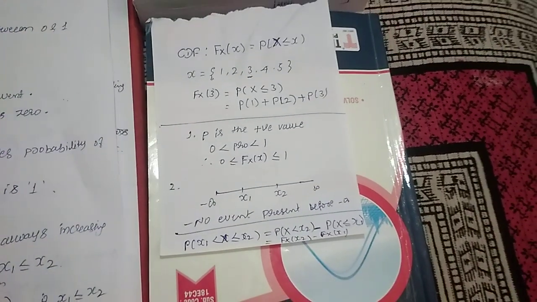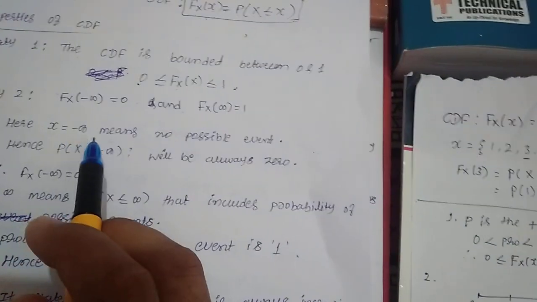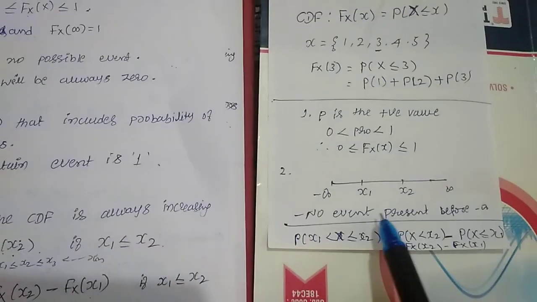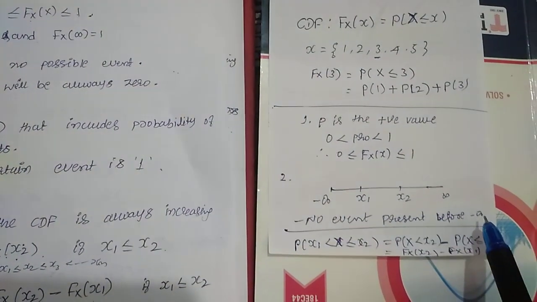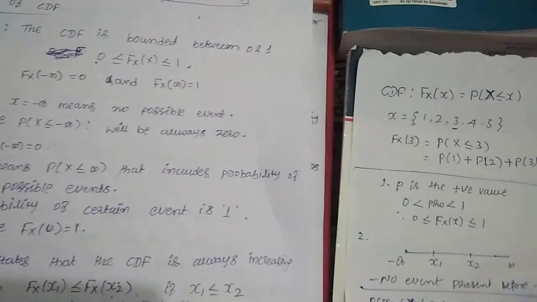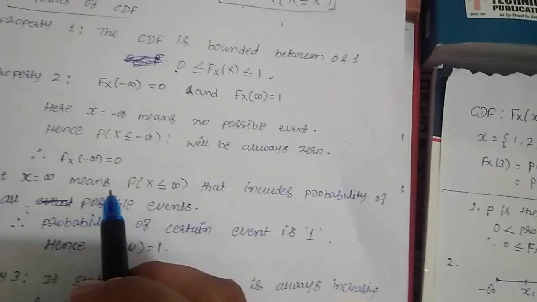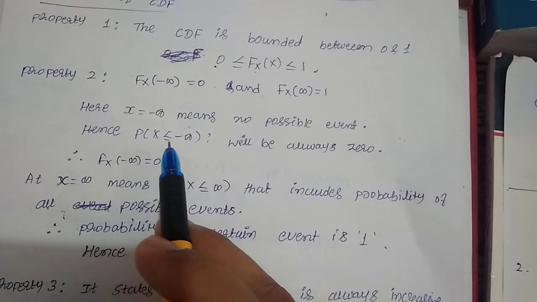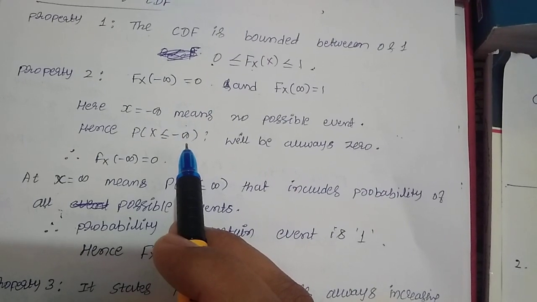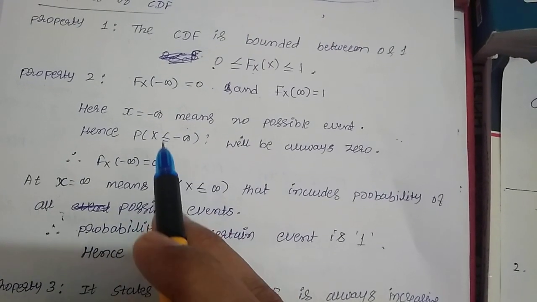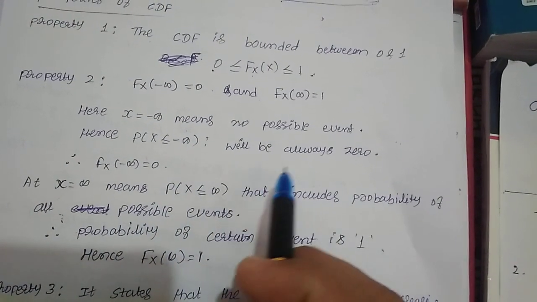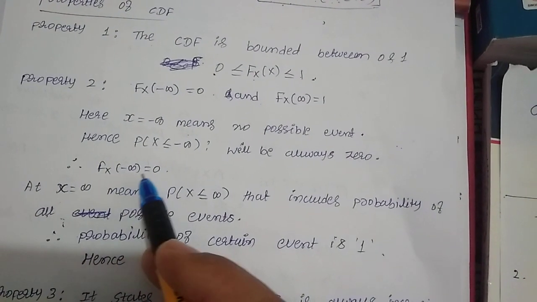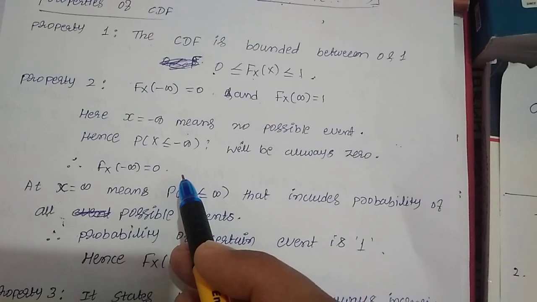First, x is equal to minus infinity. This means no events are present before minus infinity. Hence, P(X ≤ −∞) will always be 0. Therefore, F_X(−∞) is equal to 0.